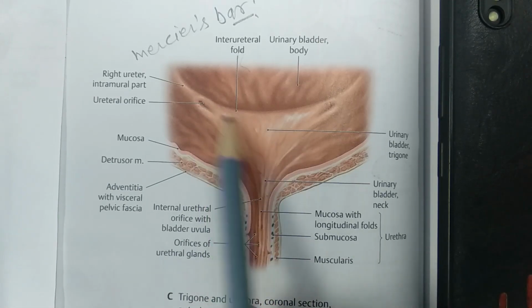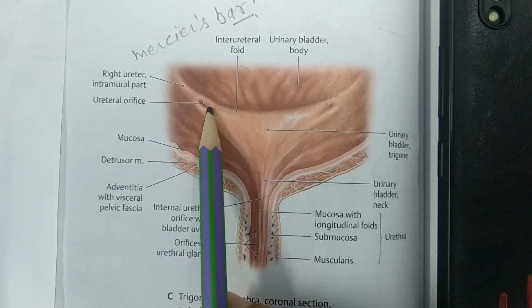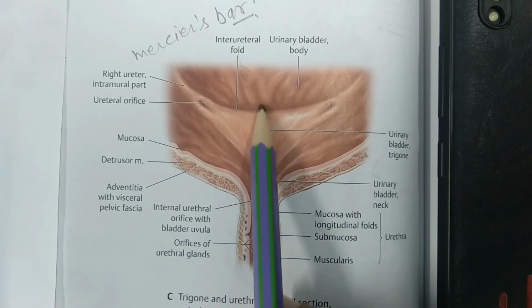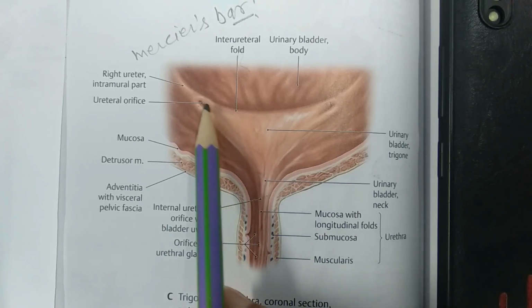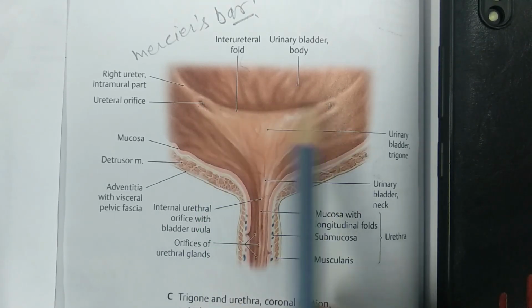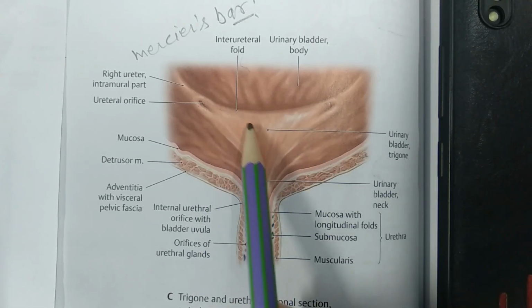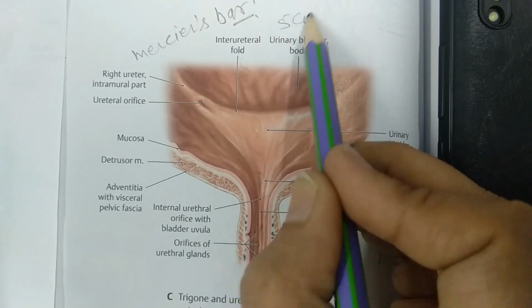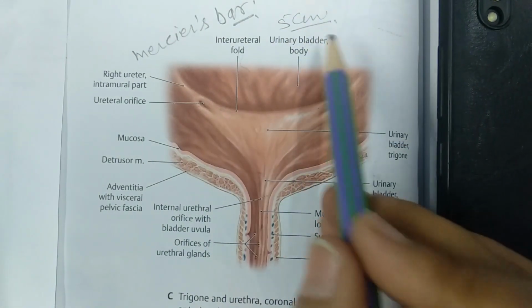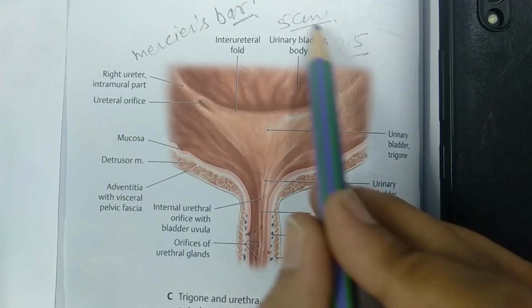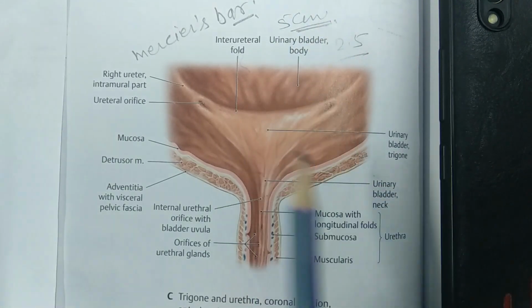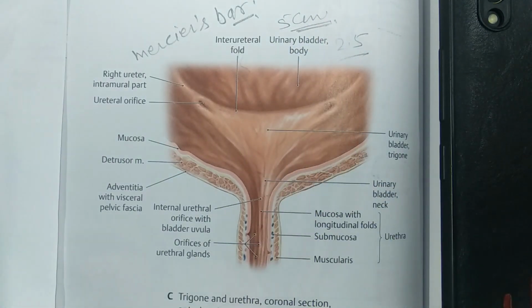It is about 2.5 centimeters apart from each other in an empty bladder. But when the bladder is distended, the distance between the ureteral orifices is about 5 centimeters. So normally it is 2.5, but in a distended bladder it is 5 centimeters.